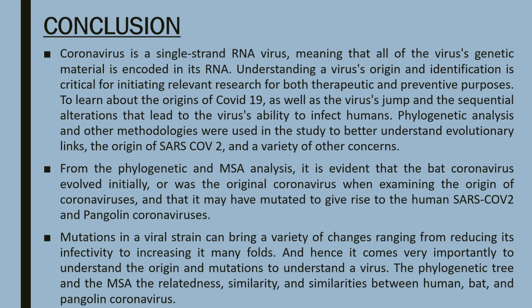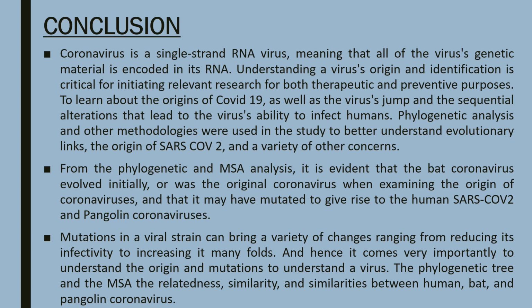Understanding the origin and identity of a virus is a very crucial step to initiate appropriate research for both curative and preventive research. This would help understand the origin of COVID-19, the jump of the virus and the sequential changes that led to the virus to start infecting human beings, the evolutionary relationships, and many other questions.